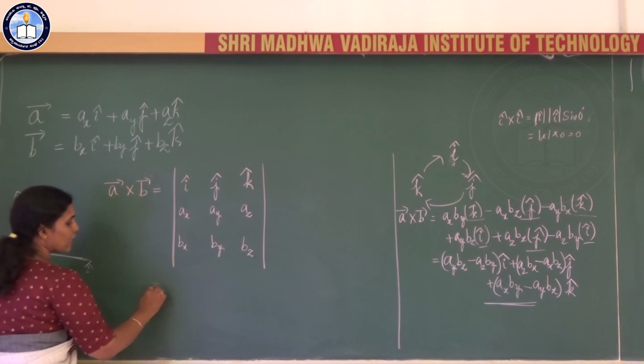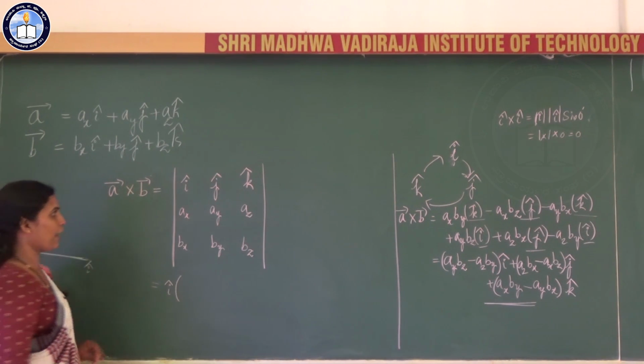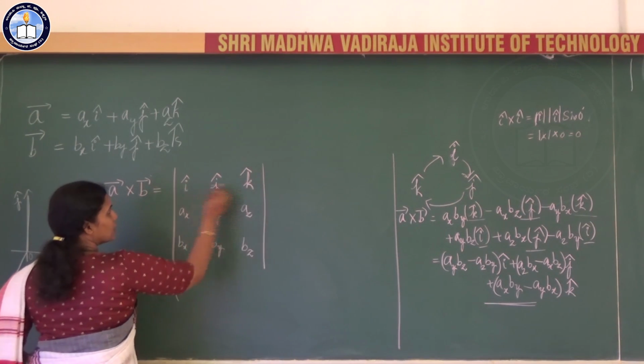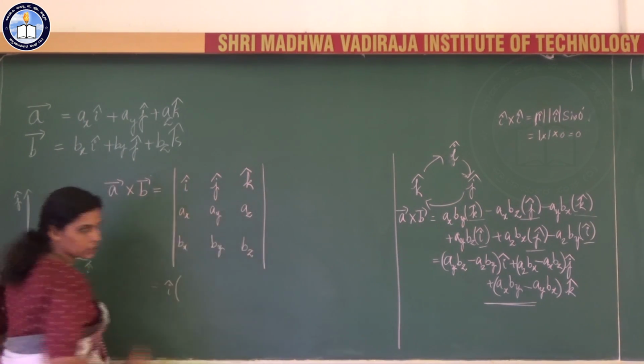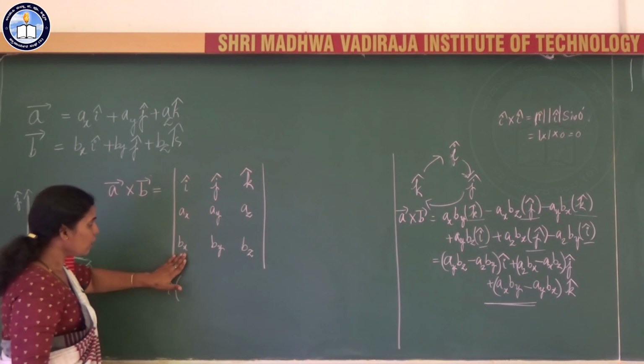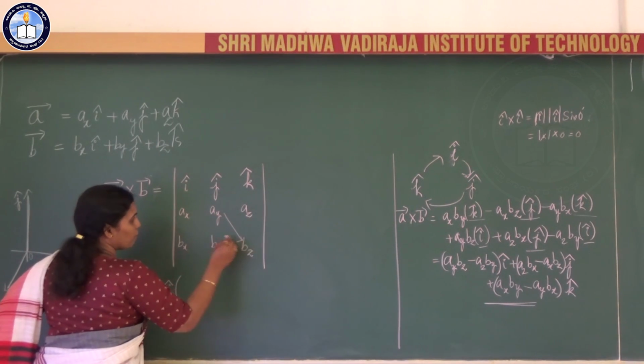Now how to use this? These are the columns, these are the rows. First take i cap, leave that column and row, and the remaining thing is here.